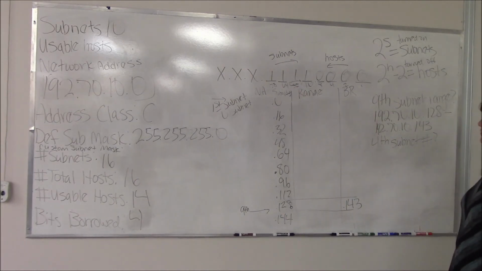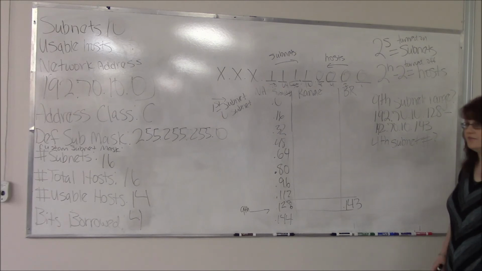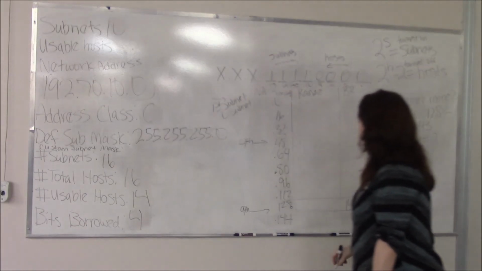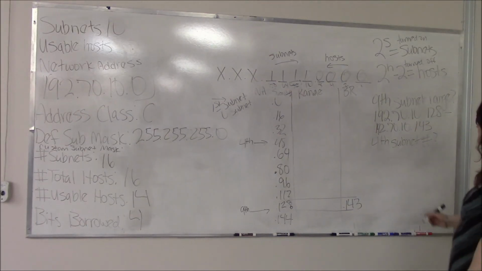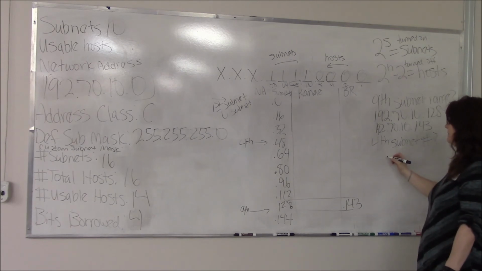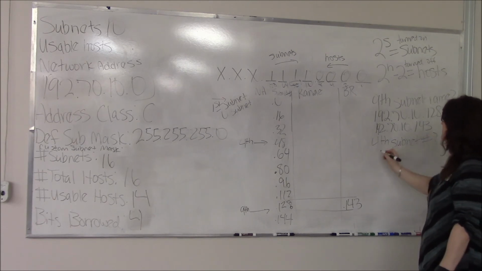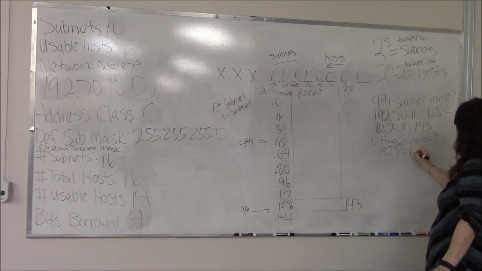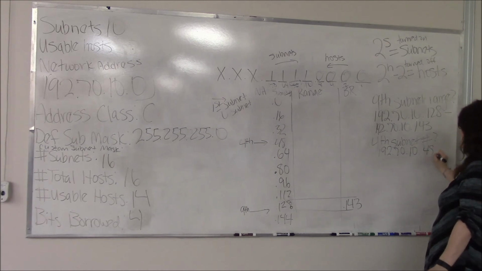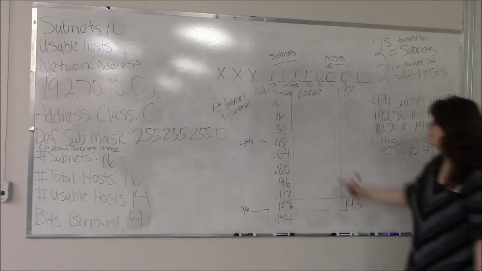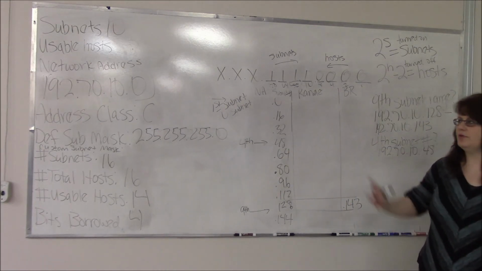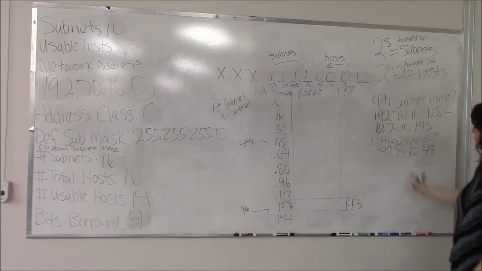So for the 4th subnet, what would my answer be? 48. There's my 4th right there. So what's my whole answer going to be? 192.70.10.48. So the 4th subnet number, 1234. That's the last octet of the address. We'll put that with everything else, and that's what our answer is.